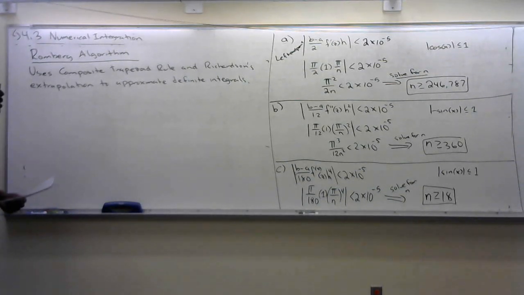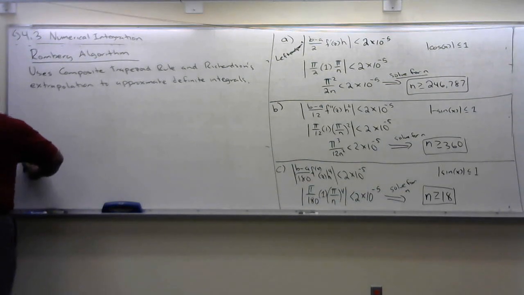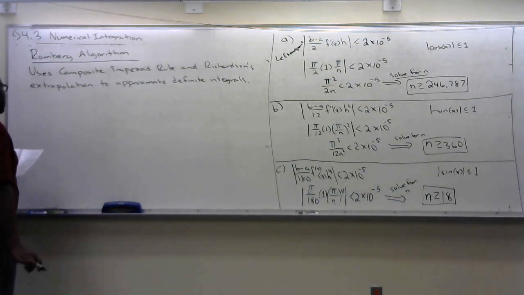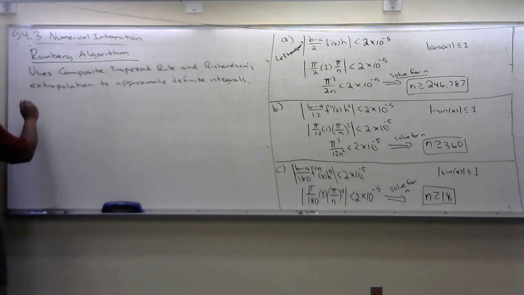So this notation is going to be different from what the book has, but it's going to do the same thing, because I want to tie it together again with Richardson's extrapolation. So here it is.